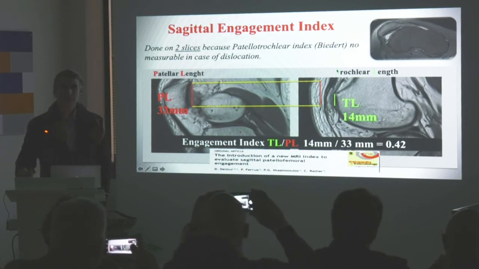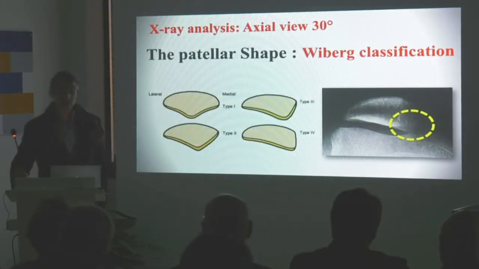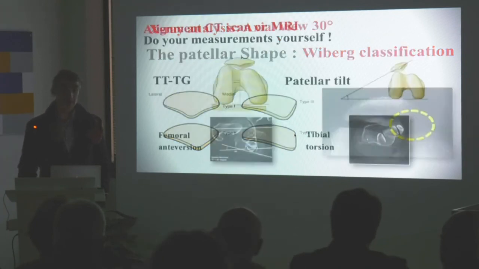We have seen that the shape of the patella is also important. And you can use the Weber classification in three types, 1, 2, 3, and the 4 does exist also, and sometimes this is this one that you can maybe correct and do a patellar osteotomy.